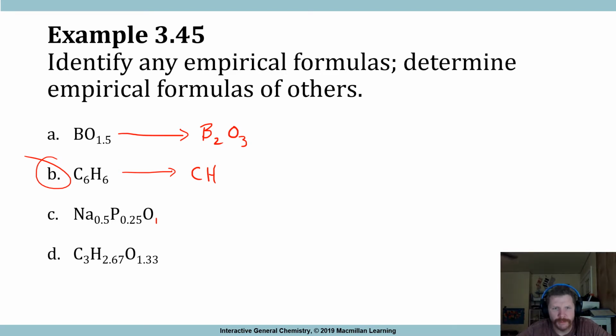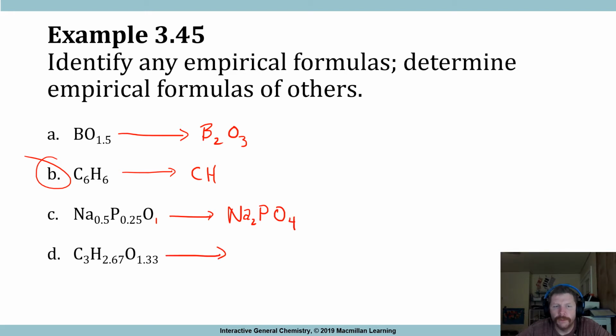You'd multiply it by 4. So if we multiplied 0.5 by 4, would that give us a whole number? Yes, it would. If we multiplied 1 by 4, that would also give us a whole number. So we're looking at something like Na2P. P is going to have a subscript of 1, and O is going to have a subscript of 4.